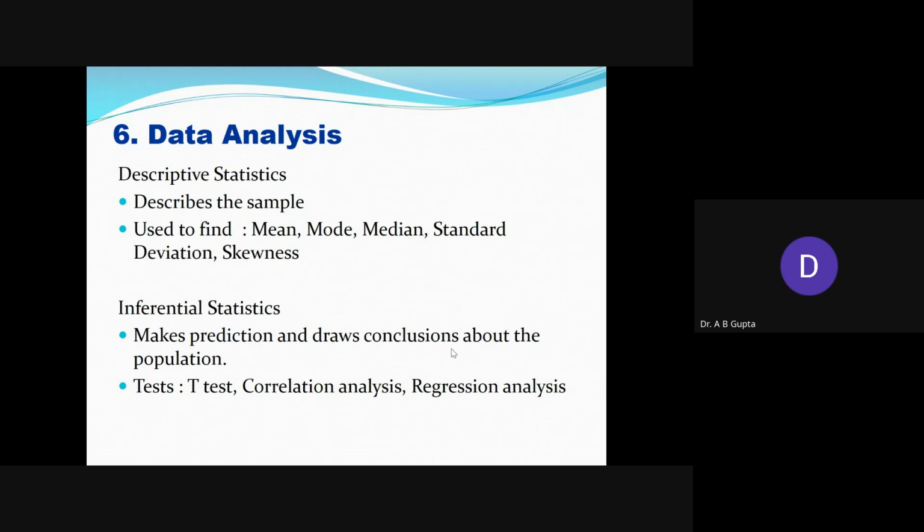Of course, you are having certain findings from the sample, and from the study of the sample, you are making the conclusion, making prediction about the population. That is inferential statistic.